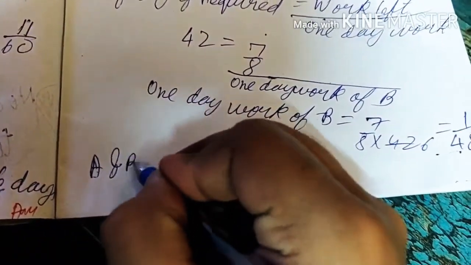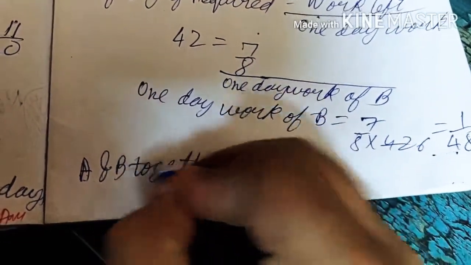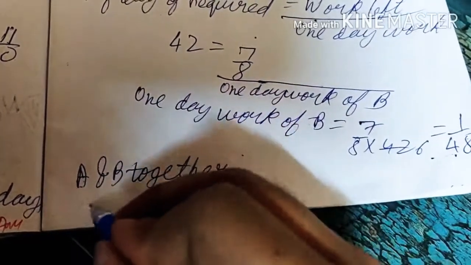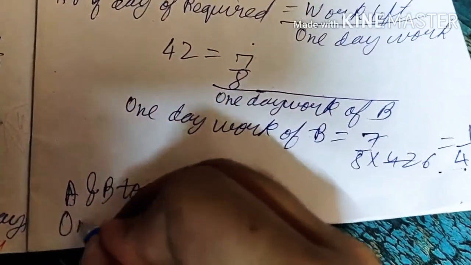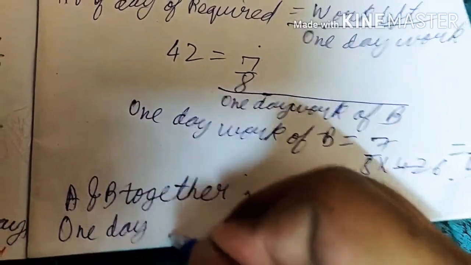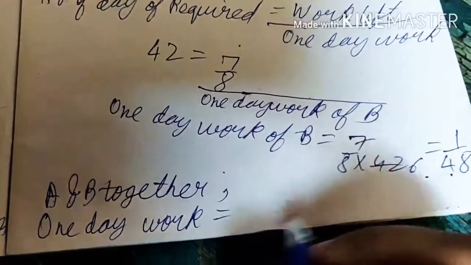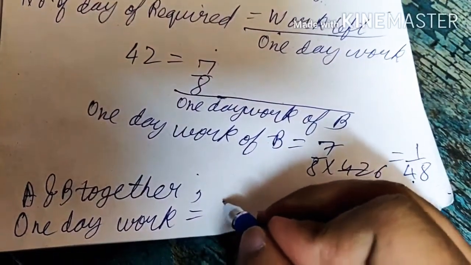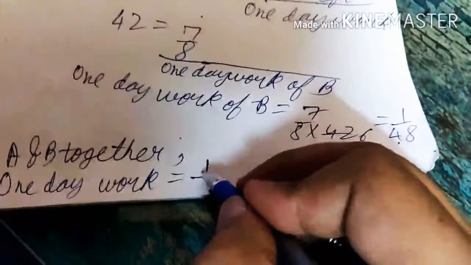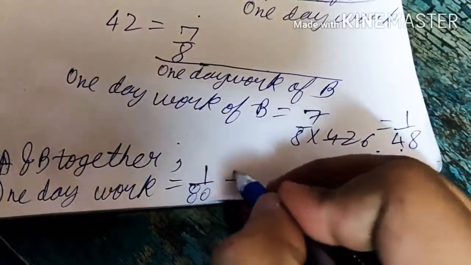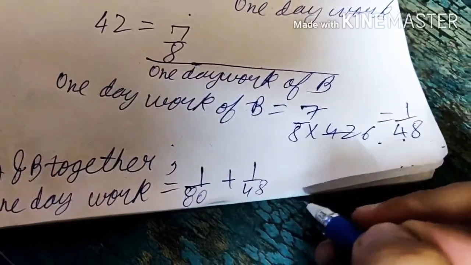A and B together. 1 day work equals 1 day work of A, that is 1 by 80, plus 1 day work of B, that is 1 by 48.